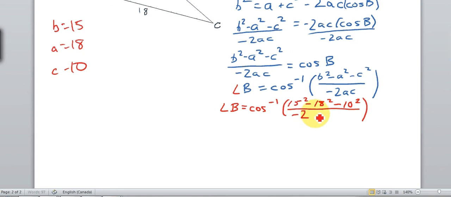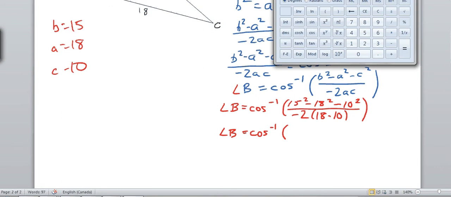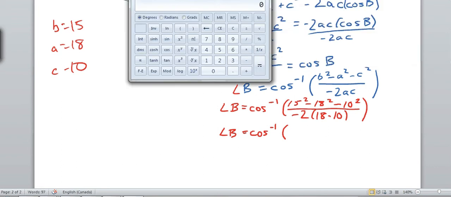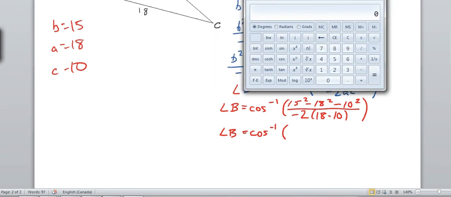So let's punch this into our calculator. Again, I said this before, but my calculator looks different than yours. That's okay. So let's do 15 squared minus 18 squared minus, we know 10 squared is 100, so let's just do minus 100. So negative 199, over negative 2 times 18 times 10.